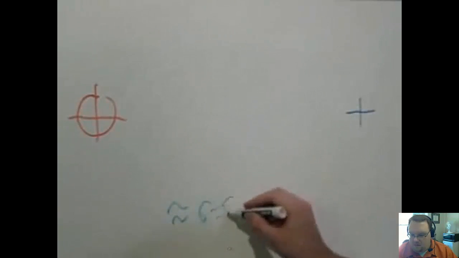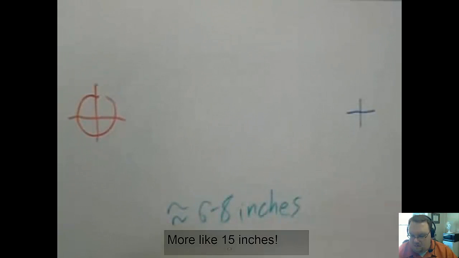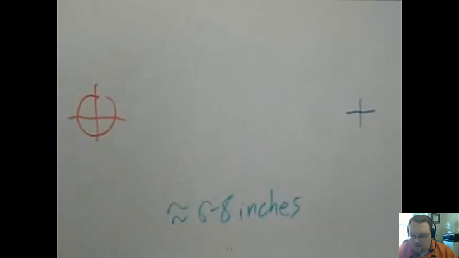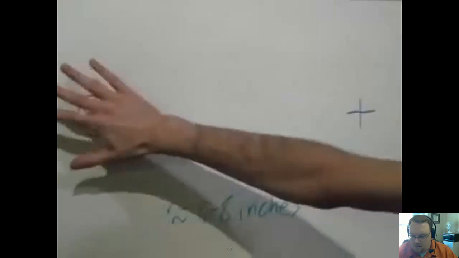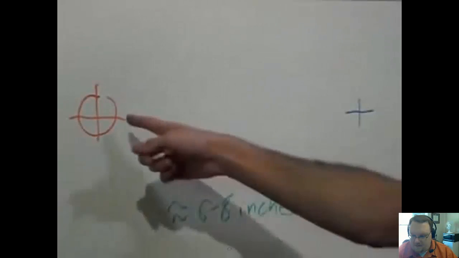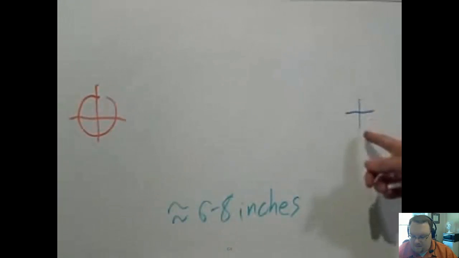Now, if you get yourself the right distance from the screen, just go towards and away from the screen slowly while focusing on this cross, suddenly this target here will disappear at a certain point. And that's the point where it perfectly coincides with your blind spot. So go ahead and try that. Here. And you can do the same effect by just closing your left eye and looking at your right eye over here, and this will now disappear at the right distance.